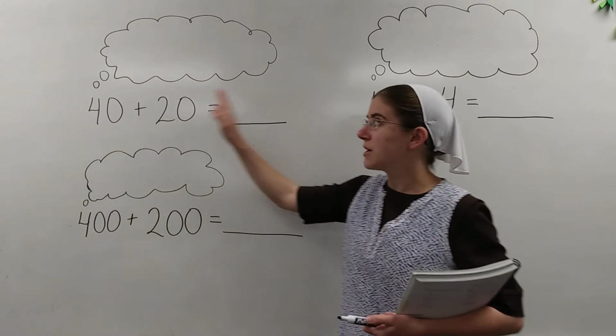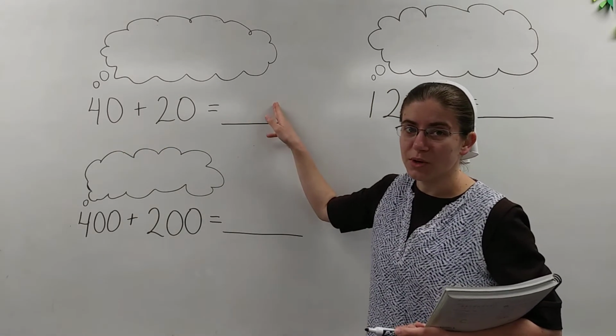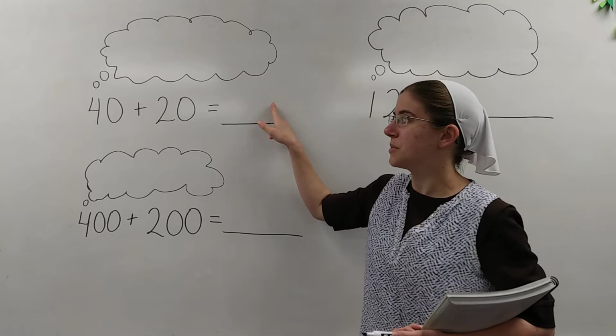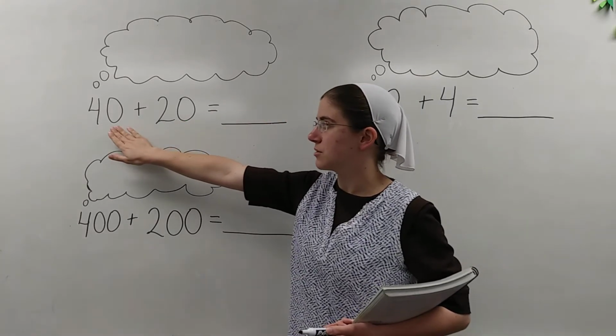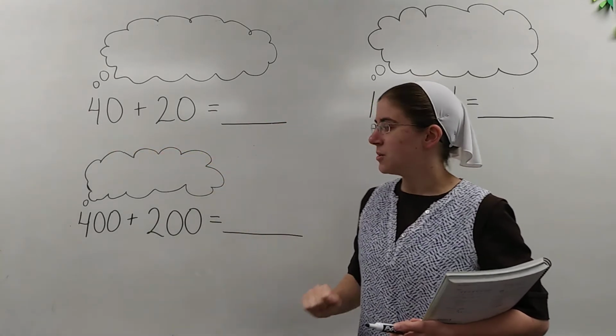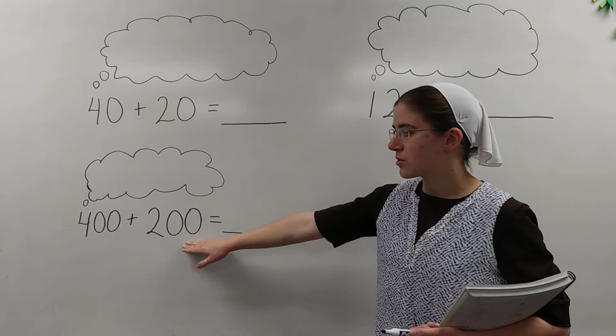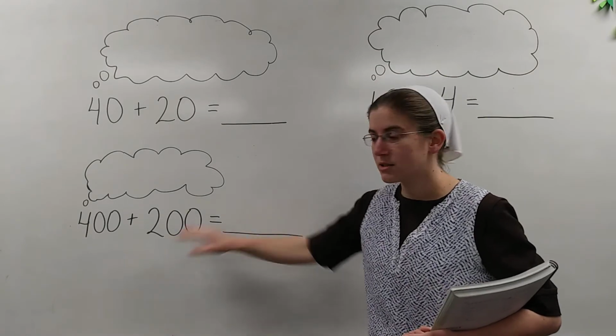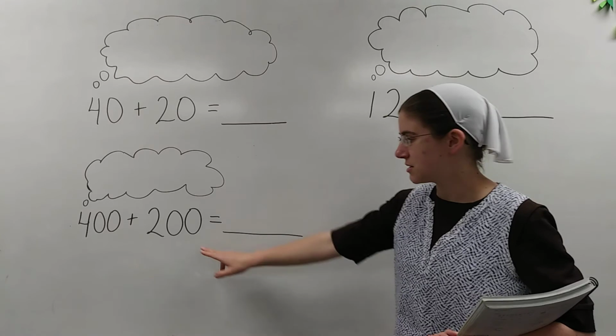So we know that whatever is in the ones place is going to be 0, because there are no ones over here. It's only a 0. And the same for these. Whatever will be in the ones and the tens place in our answer will be 0, because there's only zeros here.